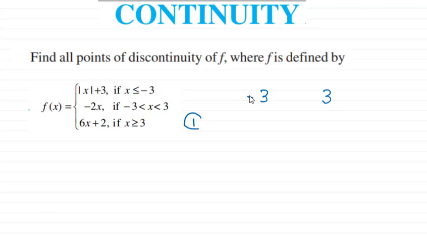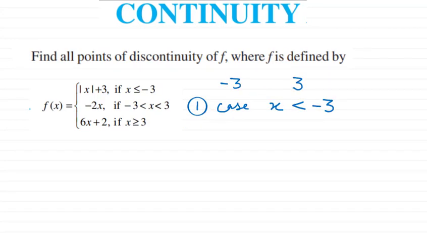So our first case will be when the number c, or any number, is less than -3. We will check all the numbers less than -3, whether the function is continuous or discontinuous.